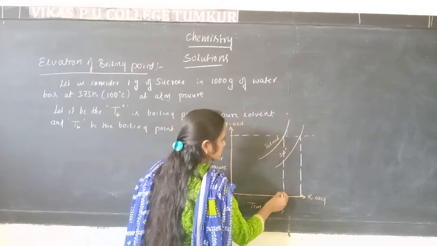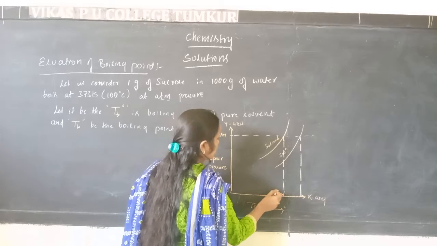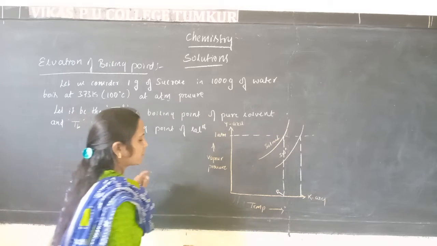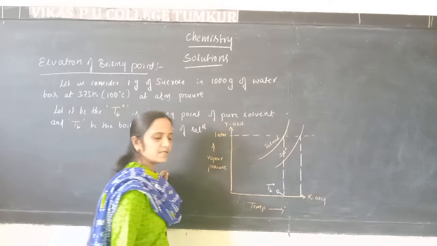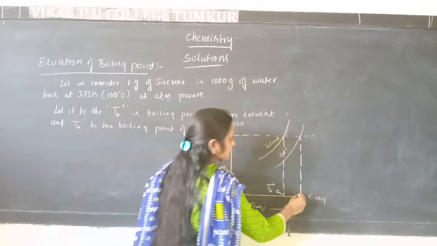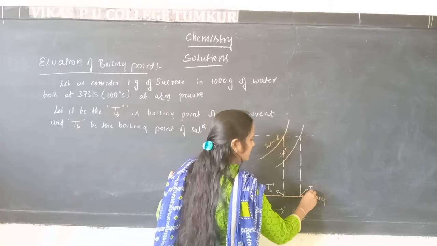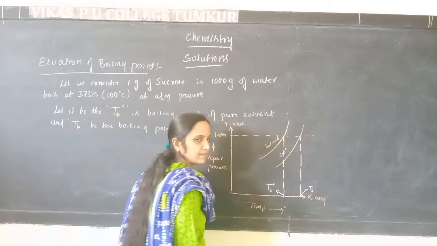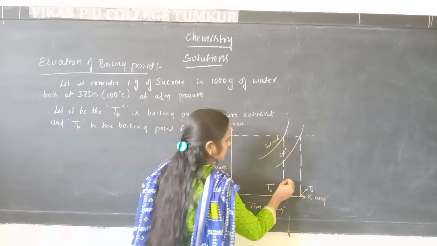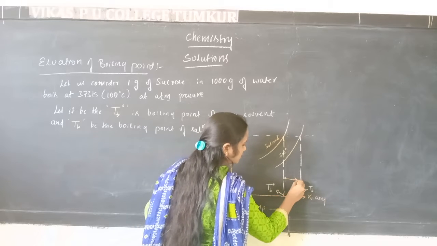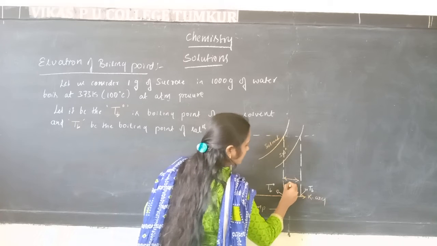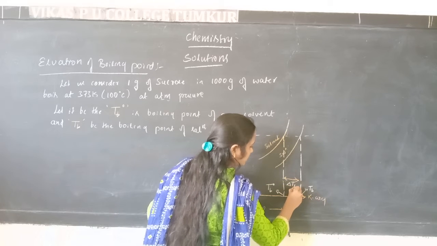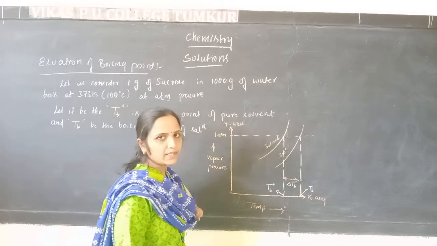This we call the pure solvent, this is TB naught, the boiling point of the solvent, and this is the boiling point of the solution. This difference, the increase in the boiling point, we call the elevation of boiling point.